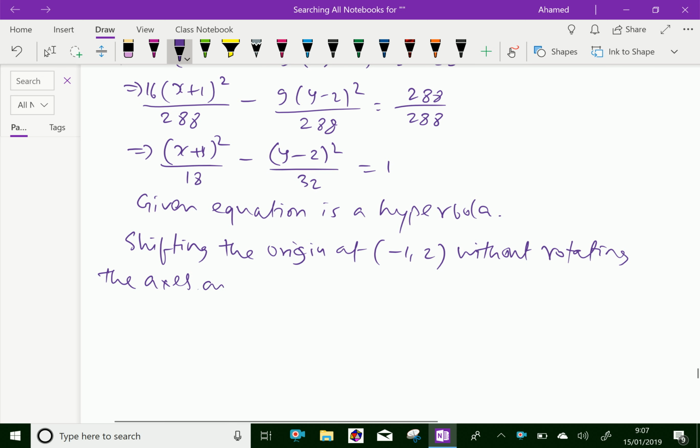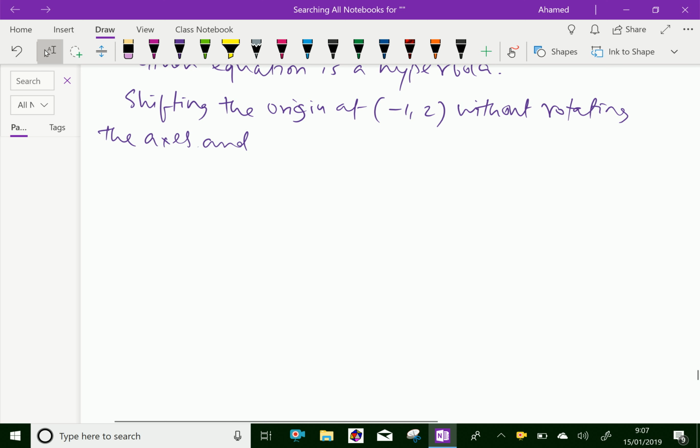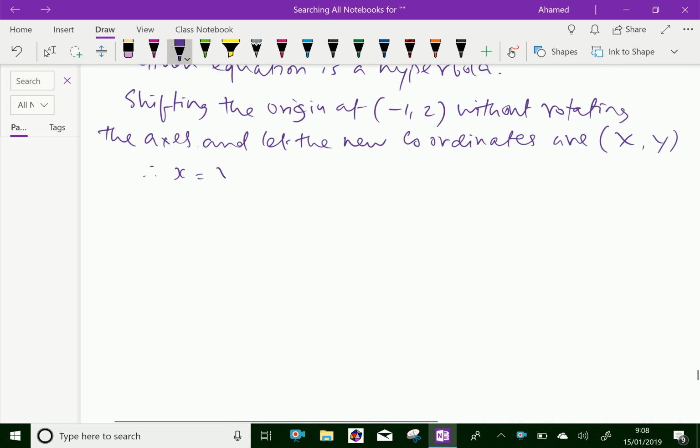And let the new coordinates be capital X, capital Y. Therefore we can say capital X equals x plus 1 and capital Y equals y minus 2.